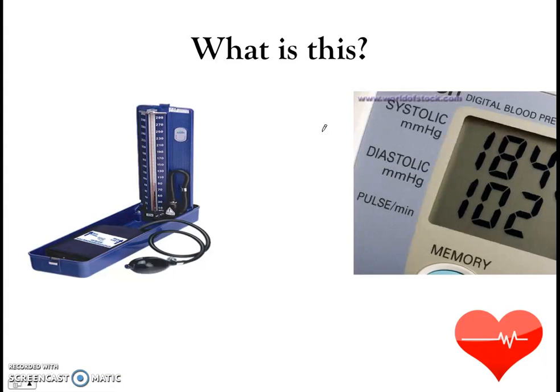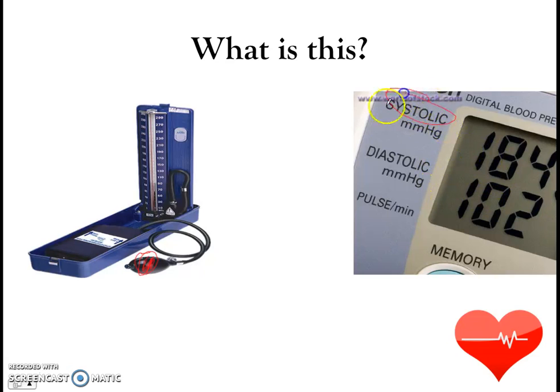Before we end, I wonder if you've seen these devices before. What are they, and what are they used for? Have you ever had that cuff of air placed around your arm and then the doctor squeezes this ball until it becomes very, very tight? Yes, this device is used to measure your blood pressure. This is the kind of 2GO version, but nowadays we have digital blood pressure measuring machines.